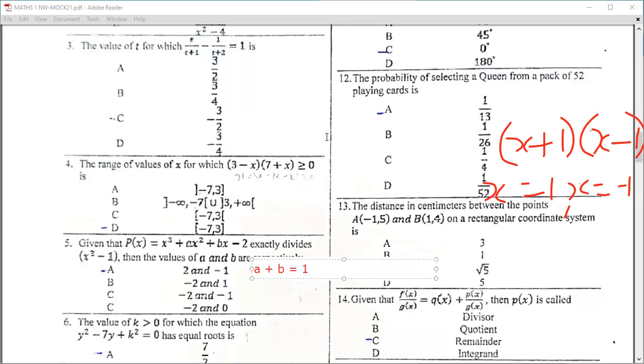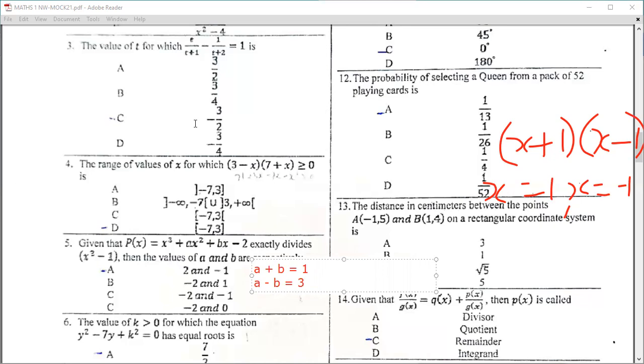And for P of negative 1 equals 0, we are going to have negative 1 plus A minus B minus 2 equal to 0. If you work out this equation, we equally have A minus B equal to 3.